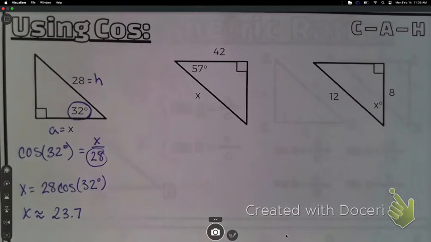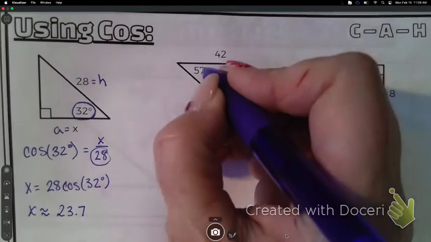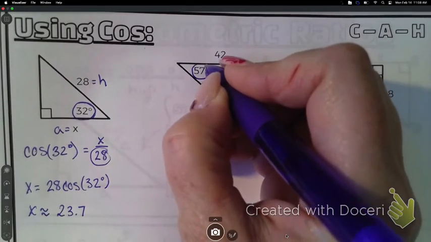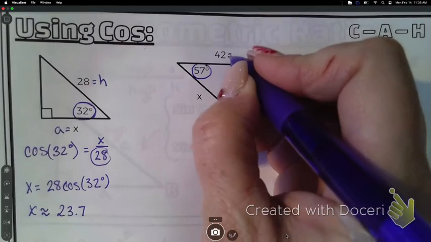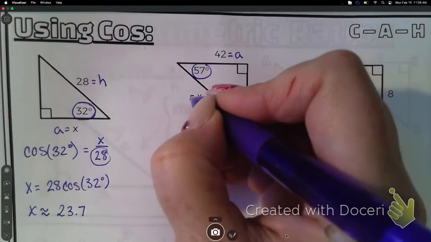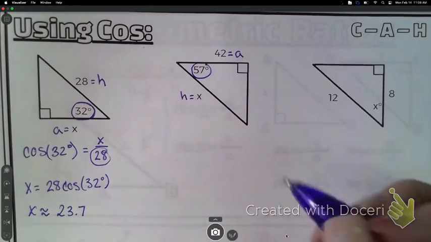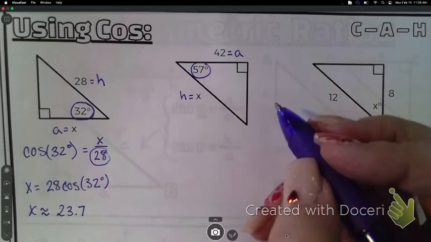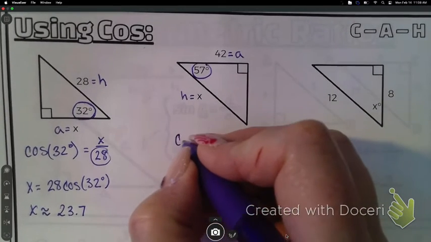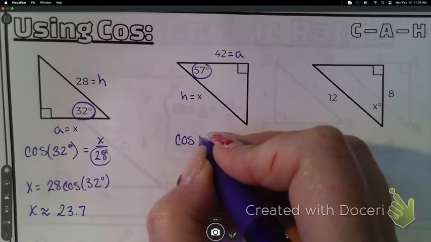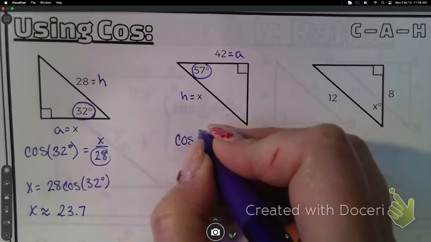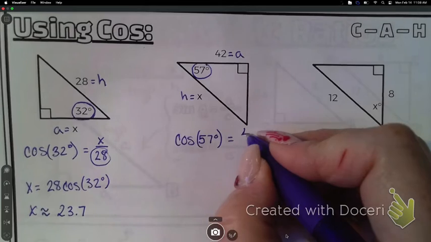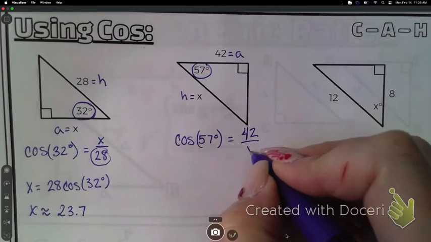Okay, the next one, I got 57, correct? And 42 is the what? Adjacent, and x is the hypotenuse. So adjacent and hypotenuse is what function? Cosine. So the cosine of 57 degrees equals 42 over x.